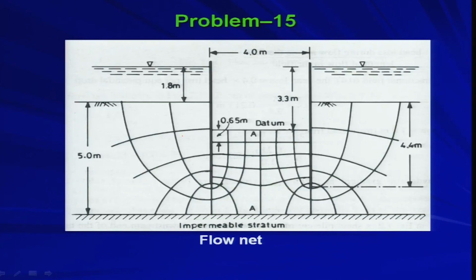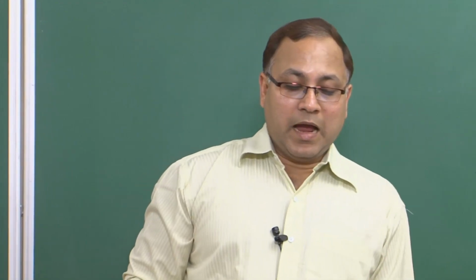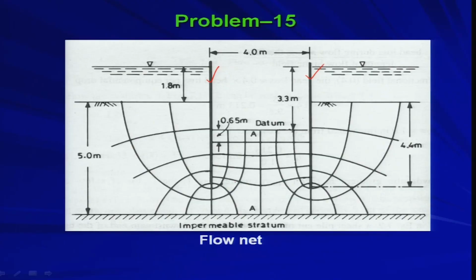So, if you look at the flow net, first let's understand the problem. You have a row of sheet pile, this is one row of sheet pile, this is another row of sheet pile which goes parallel. Within that zone you want to excavate.